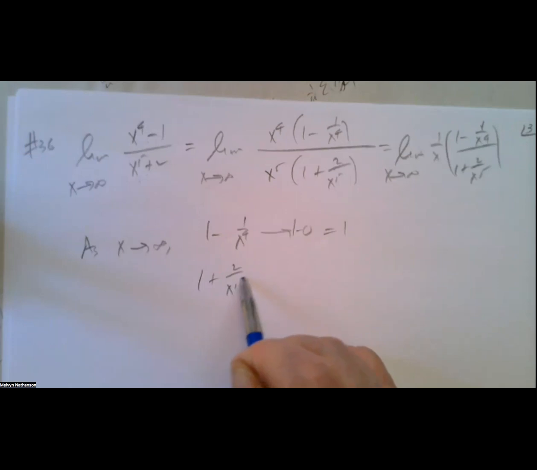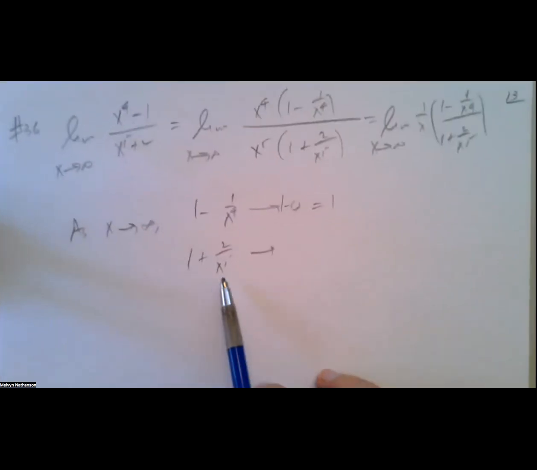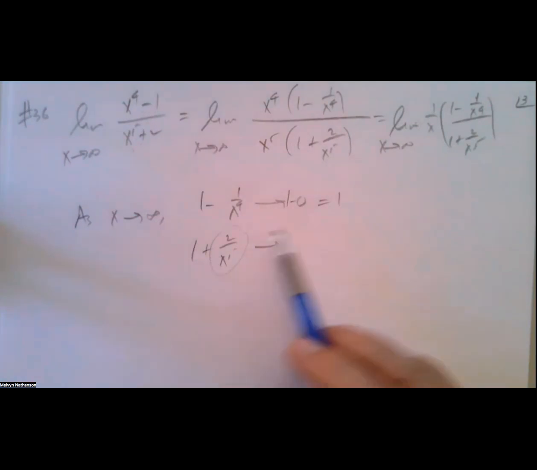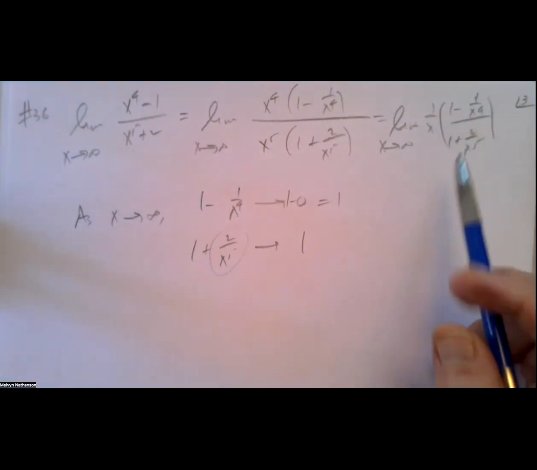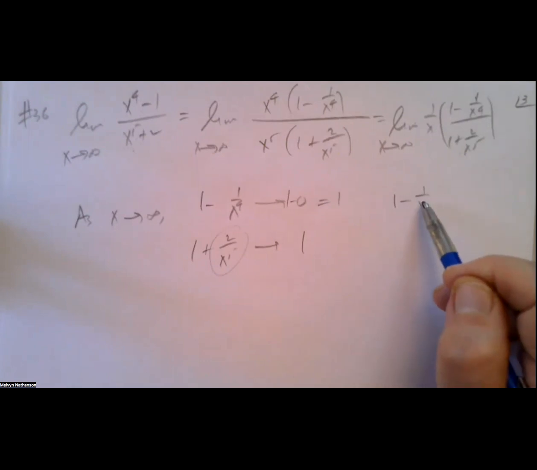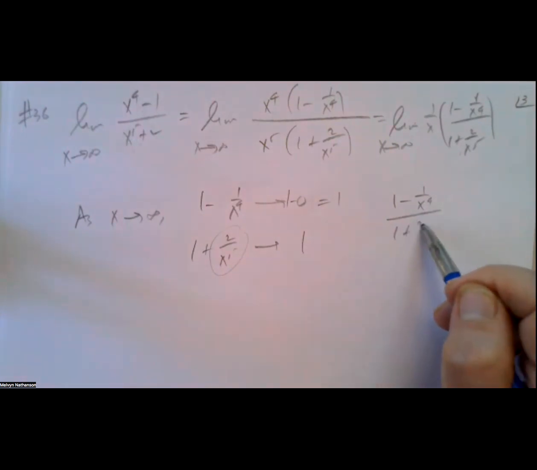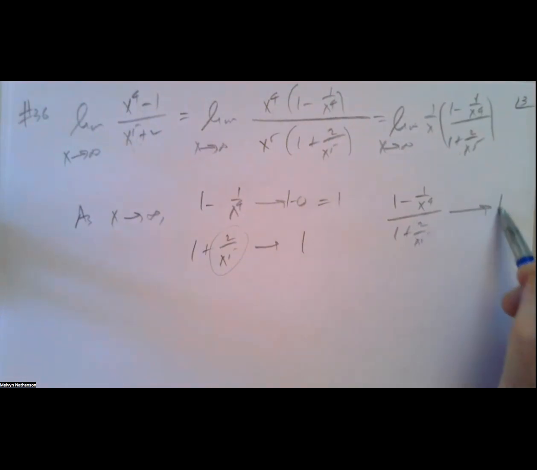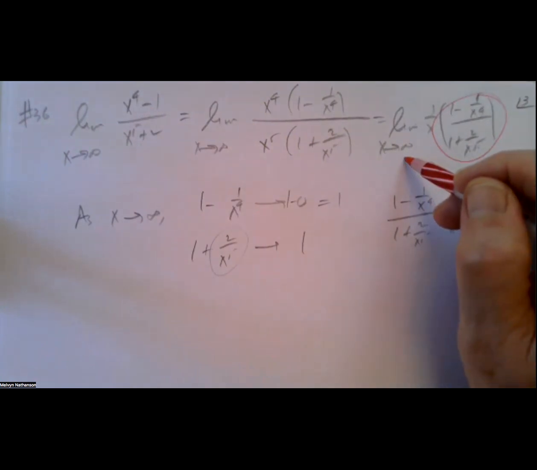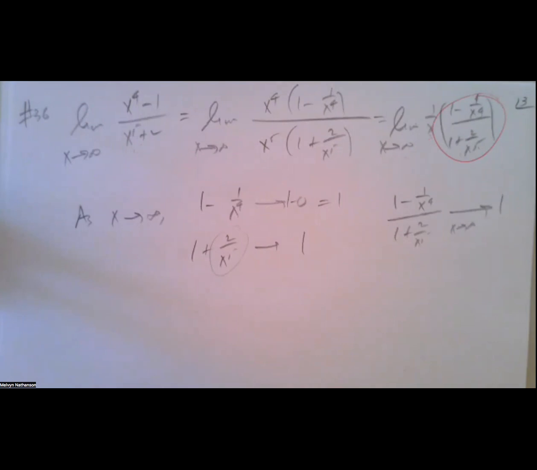And 1 plus 2 over x to the fifth, again, as x goes to infinity, this term goes to 0, so this limit is 1. So this ratio, 1 minus 1 over x to the fourth over 1 plus 2 over x to the fifth, goes to 1 as x goes to infinity. So this expression is going to 1, and as x goes to infinity, 1 over x goes to 0. So the limit is 1 times 0, or 0. That's what that limit is.